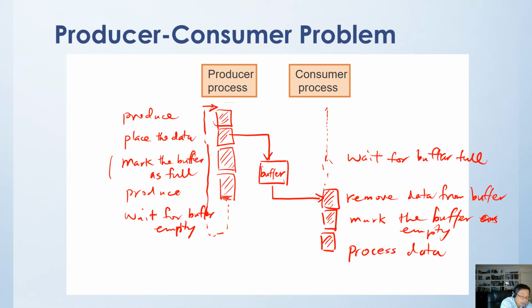Once it's done, you go back and wait for the buffer. So it's like a one buffer. Produce the data and put it in the buffer, mark the buffer as full, and the consumer sees the buffer is full, removes the data out of the buffer, marks the buffer as empty, and then the producer can produce the data again and put it in the buffer. So this is the cooperation between producer and consumer. It's called the producer-consumer problem.